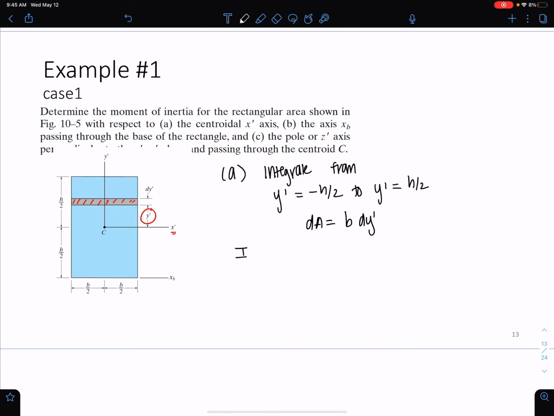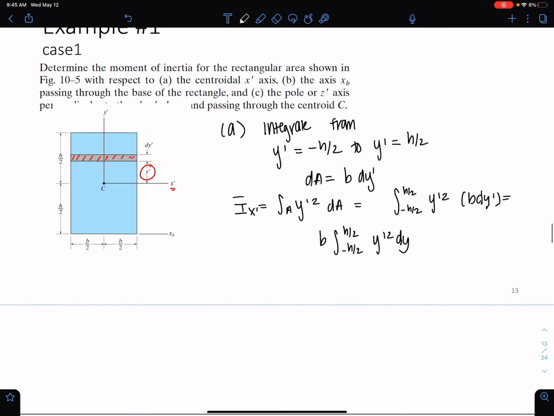Okay, so we're going to plug this into our integral here, and we have moment of inertia is the integral about a, y prime squared dA equals integral negative h over 2 to h over 2, y prime squared times b dy prime. And if we simplify this, we can take the base out, and we have y prime squared dy, and we end up getting that this moment of inertia is equal to 1 over 12th bh cubed.